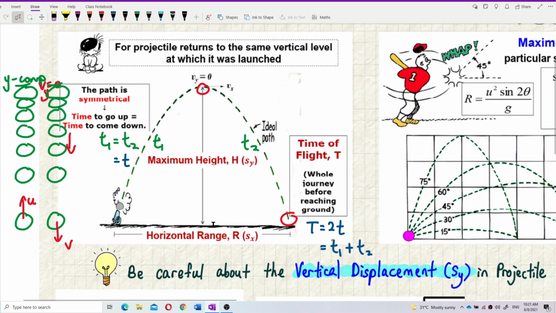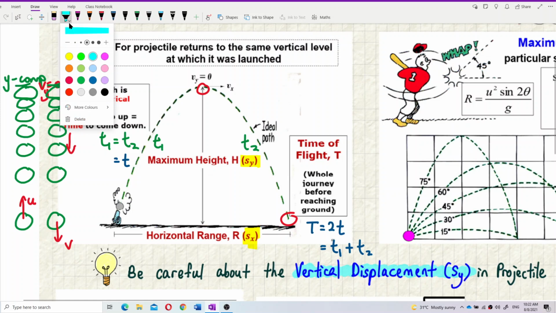It's symmetrical. As you can see, the horizontal displacement is what we call the horizontal range. It is the x component, Sx. The vertical displacement is called the height. At the top point, it is called the maximum height. For this maximum height, we use Sy.